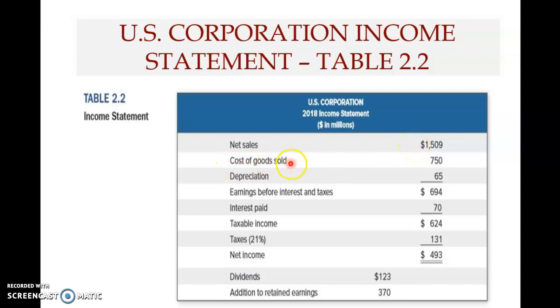Alright, then the cost of goods sold will be the cost, the expenses, of the items that was sold. This is actually an inventory cost. So this is the cost of the item sold in the sales. So this will be $750 million for that particular year, 2018. That means you used the value of $750 million of items.